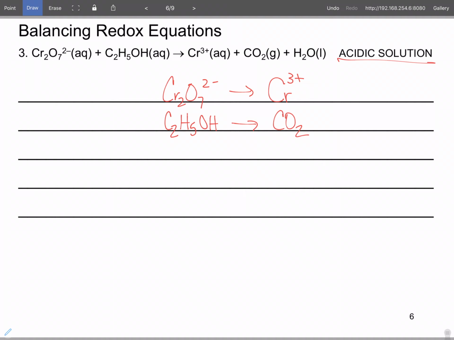So we're going to do the top one first. So notice I have 2 chromiums, so I need 2 chromiums. That's really easy to forget, and it'll mess you up. Won't say I didn't do it. Word to the wise. These are like math problems. Okay, let me rephrase that. They are math problems. So if you're getting one and you've got one number wrong, you're going to get real frustrated.